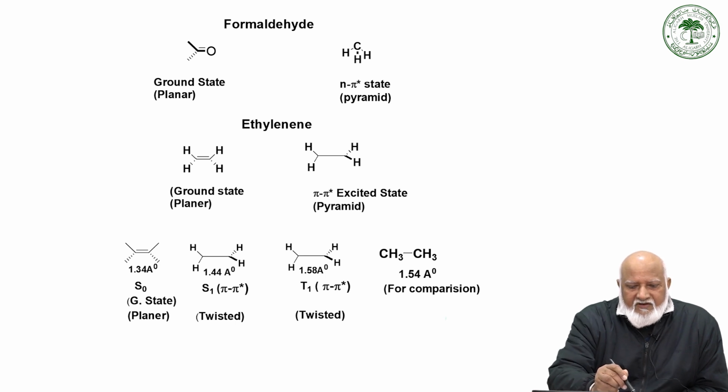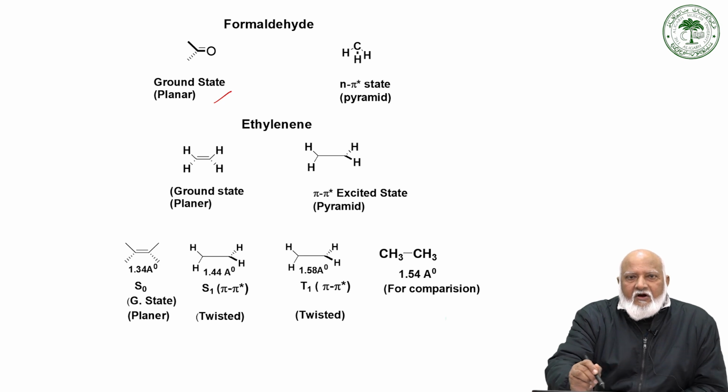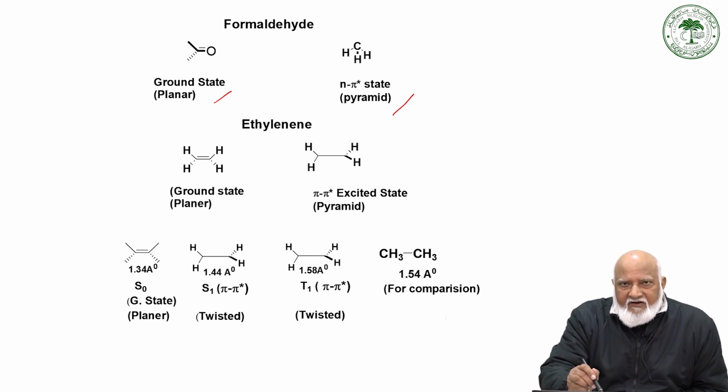formaldehyde is planar in the ground state. On absorption of light, it can undergo an n to pi star excited state. These n to pi star excited states are no longer planar and are pyramidal in structure.